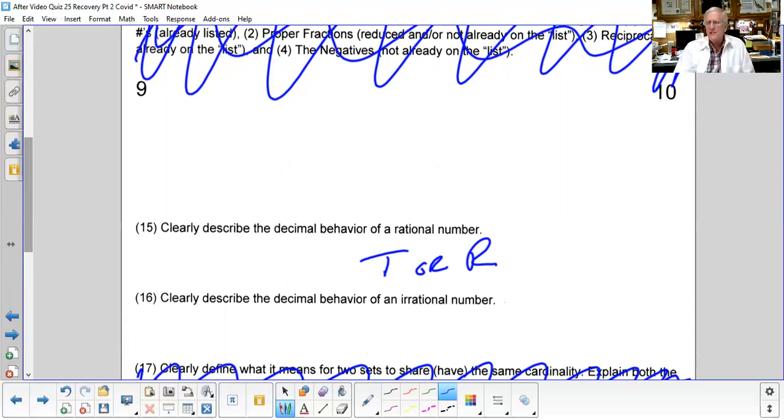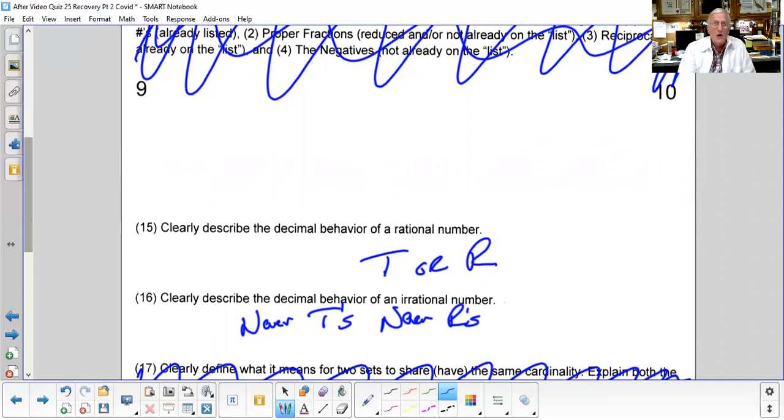Clearly describe the decimal behavior of an irrational number. Okay? Never terminates, never repeats. All right? Goes on forever. In other words, it never ends.